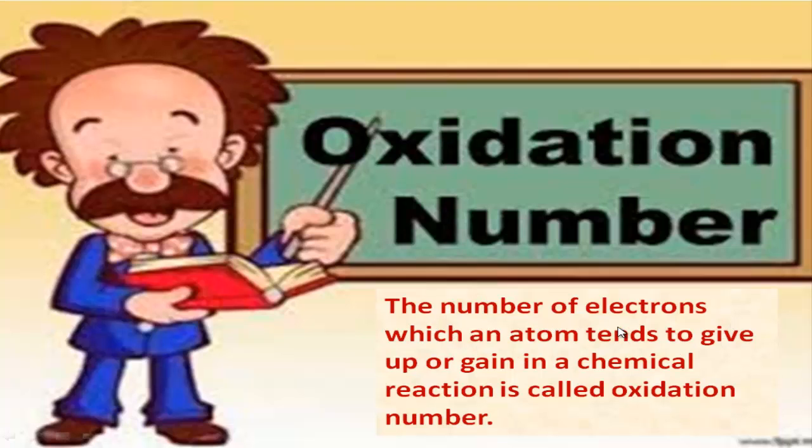And from my previous chapters, you also know that in bonding, atoms either release electrons, accept electrons, or share electrons. So oxidation number is the number of those electrons which are released or accepted or shared, that means transferred. That number of electrons is called oxidation number.